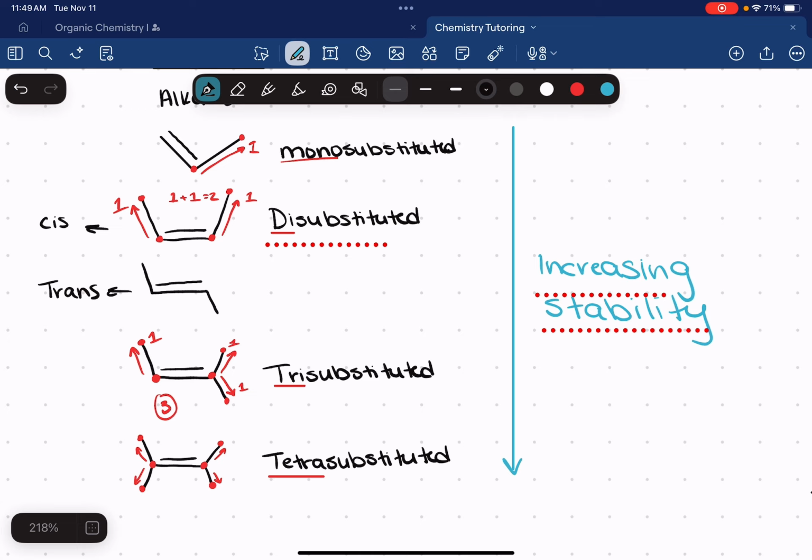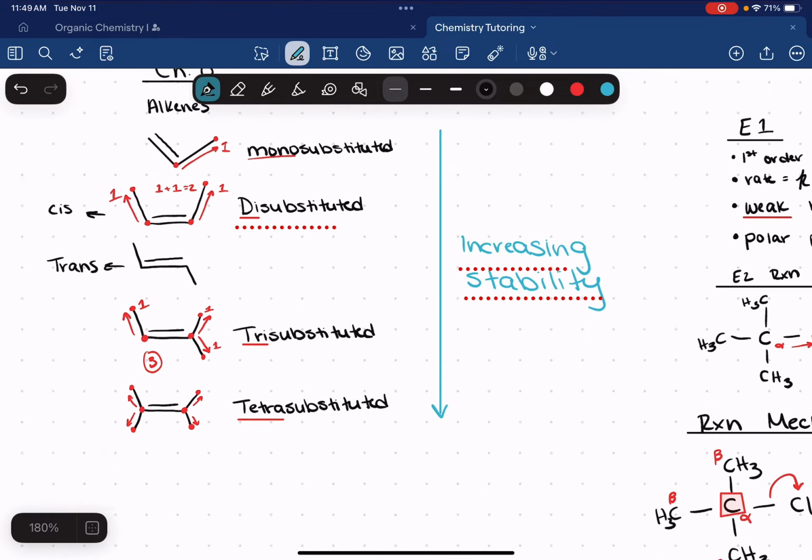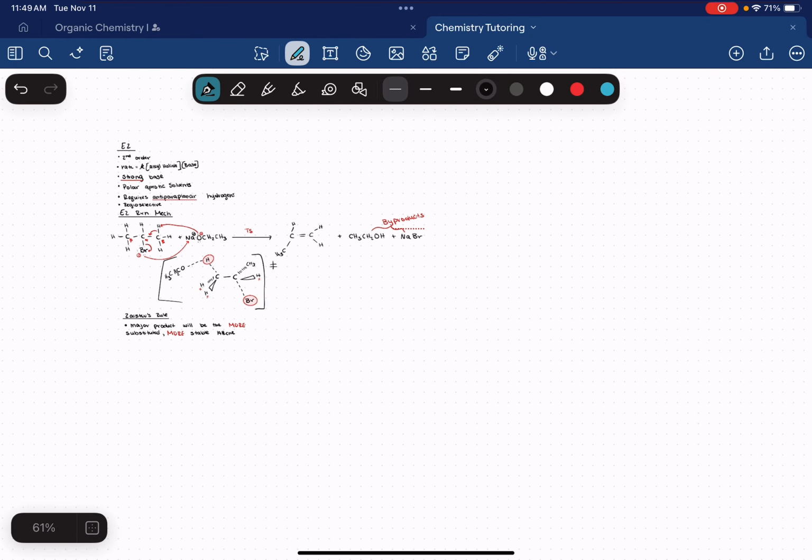So that's also important as far as with our beta carbons, finding the hydrogen on the beta carbon that is antiperiplanar to our leaving group and is going to create the most stable alkene, which is going to be the most substituted. And there'll be examples on the practice quiz, I'm assuming, and we can work through those.